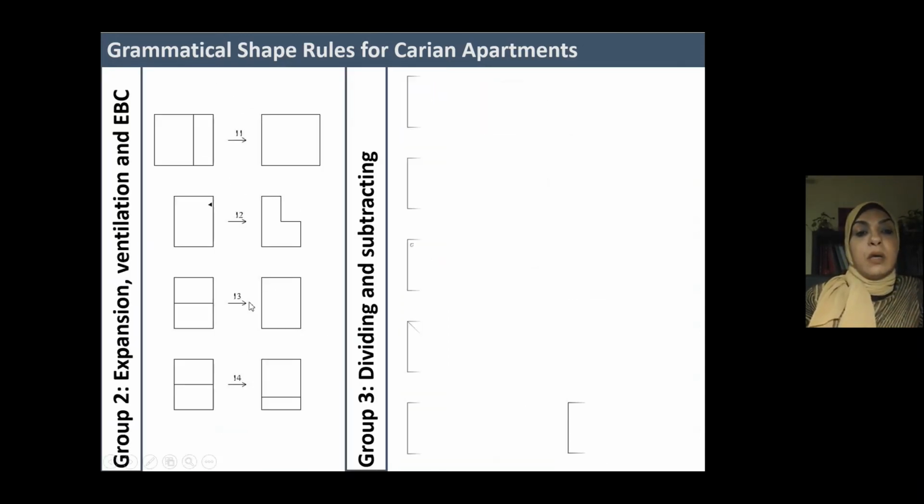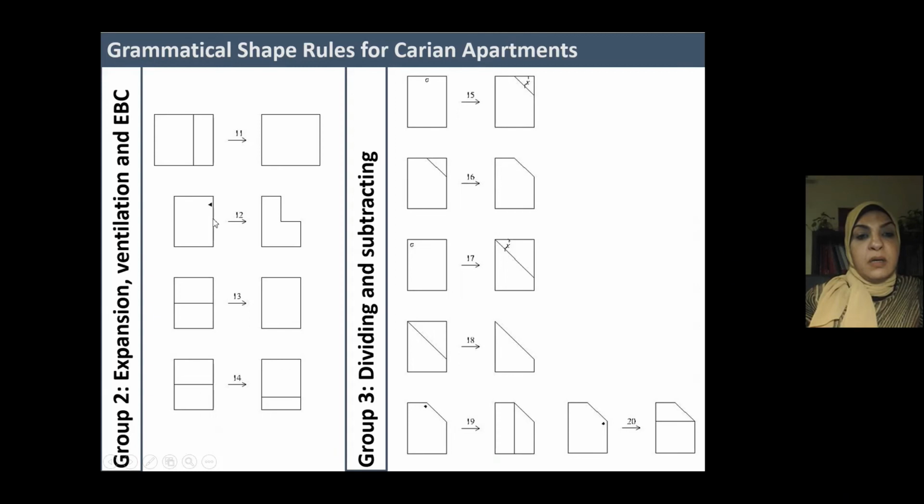For example, rule number 12 can make subtraction in the space by labeling the place where we need to make the pockets, and just delete this space to make a pocket and provide ventilation for inner spaces, for example.